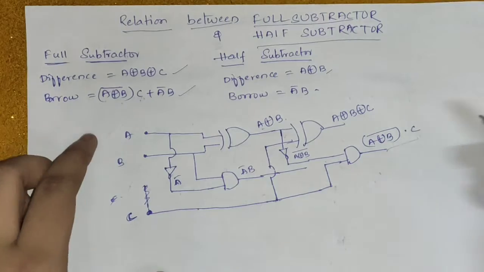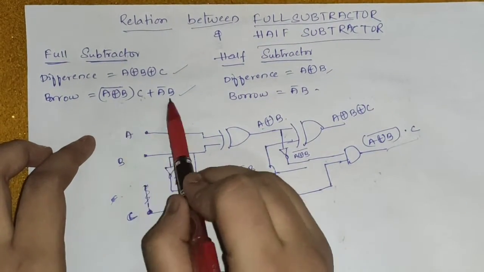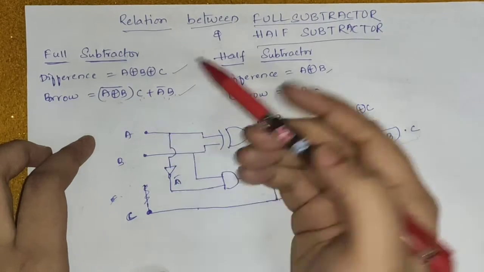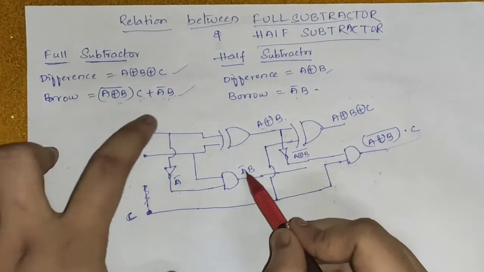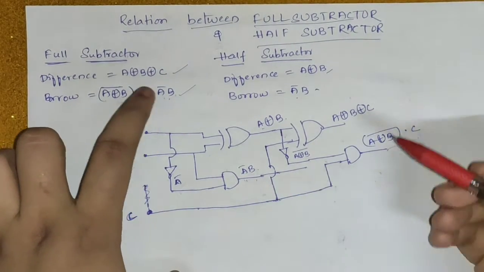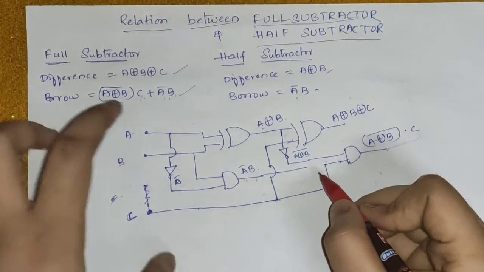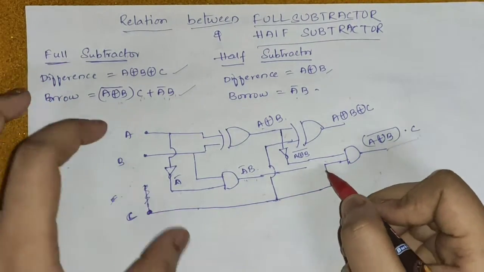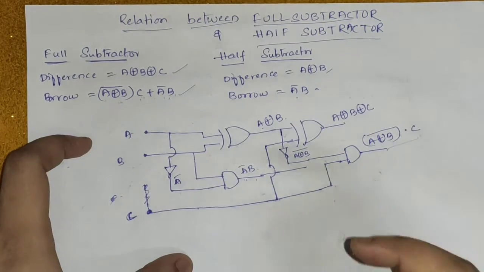Between these two expressions there is an OR logic. This expression is nothing but the borrow in half subtractor, that is a bar b, which we got already, and this is ORed with this expression. Just apply the OR logic between these two expressions, and we get the borrow expression in full subtractor.